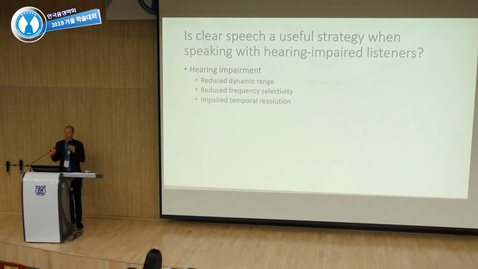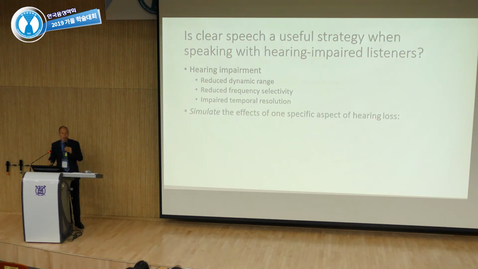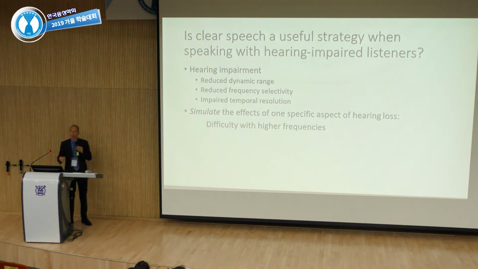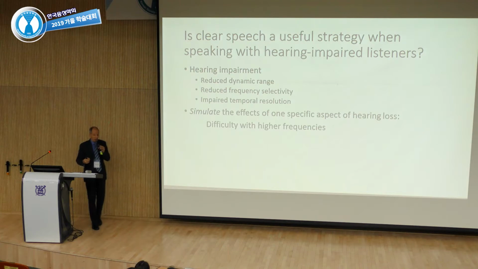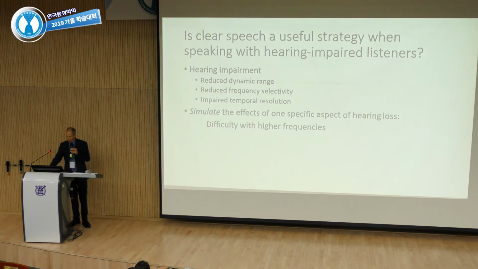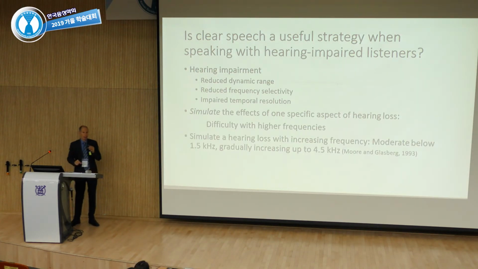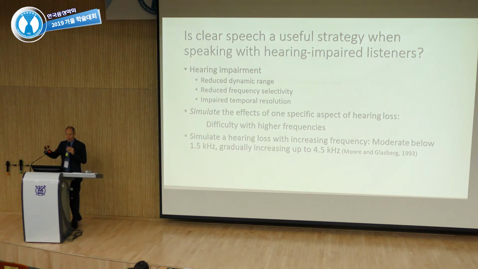That means you use regular, healthy hearing adults, but you simulate the hearing impairment by filtering the signal in a particular way. That allowed us to look at a specific aspect that we were particularly interested in, which is not surprisingly the difficulty in hearing the higher frequencies. So we followed Glasberg and implemented a hearing loss that started gradually up to about 1500 hertz and then increased up to about 4500 hertz.